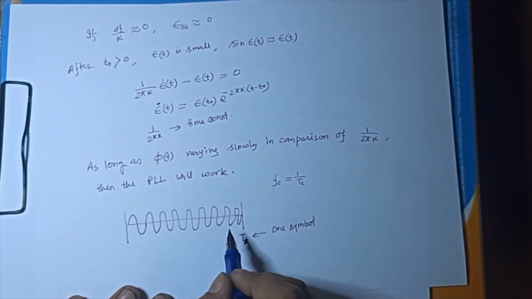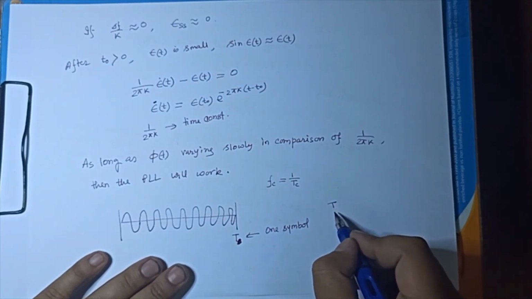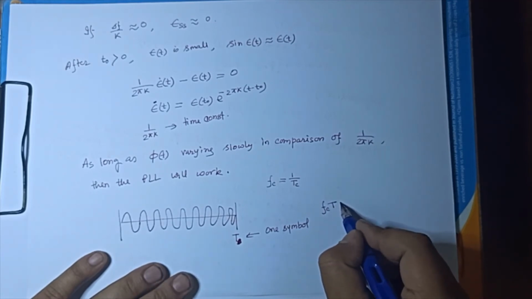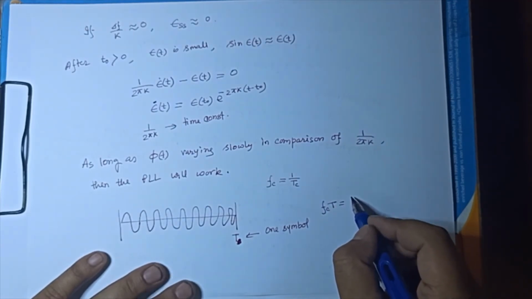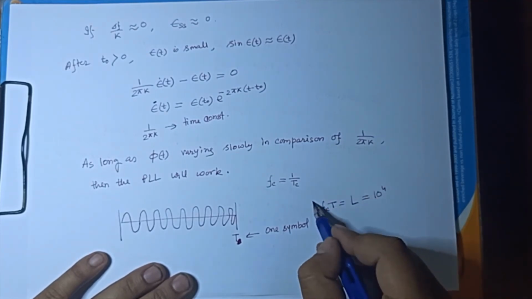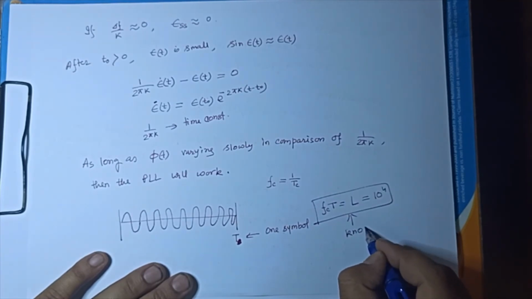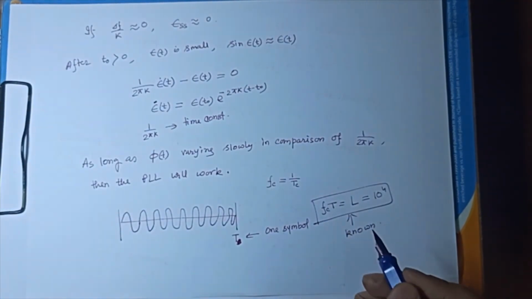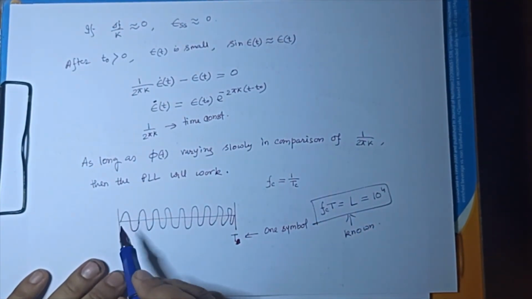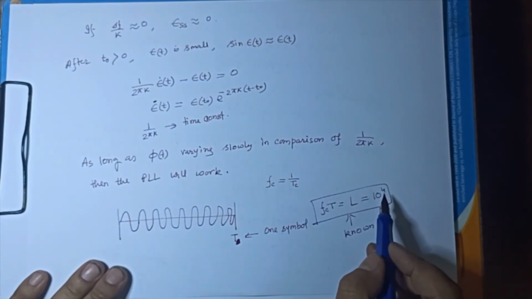Then we know that if FC times TS is equal to some large number, say some L, which can be of the order of say 10 to the power 4 or something, this is normally known from the design. So knowing FC and knowing phase, you can exactly know when the incoming signal in the passband has 0 crossing 10 to the power 4 times.